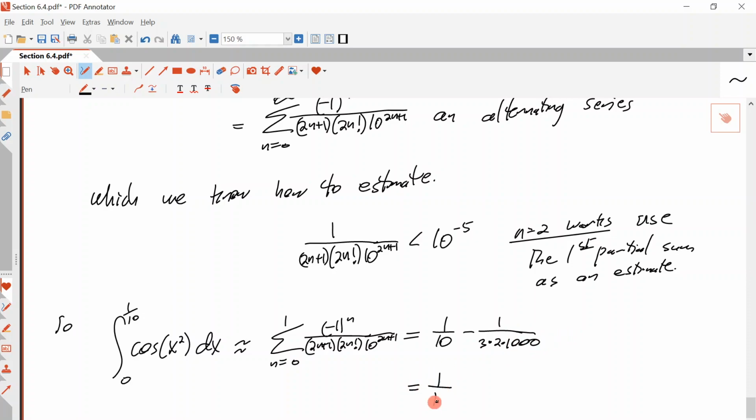So this is equal to 1/10 minus 1 over 6,000, which is equal to 0.099833.